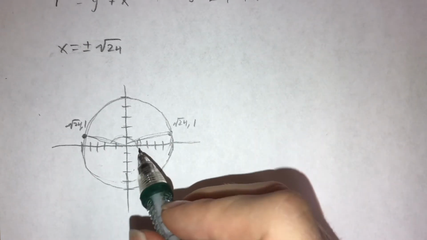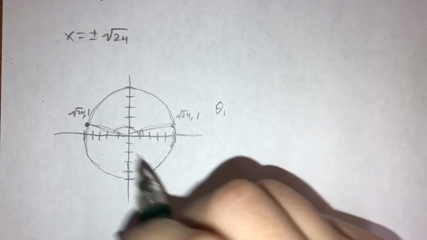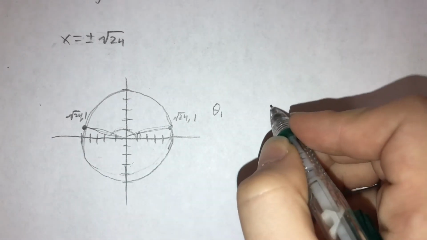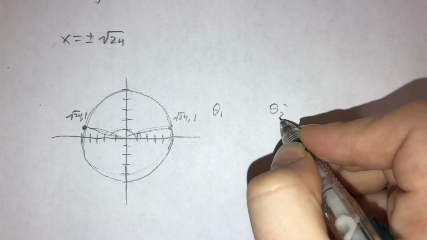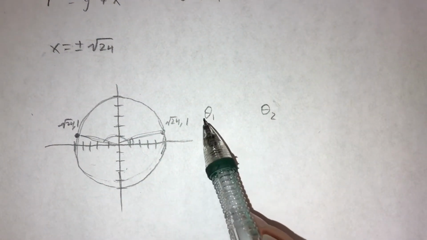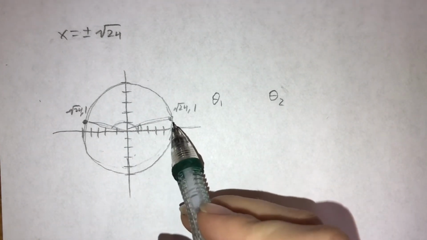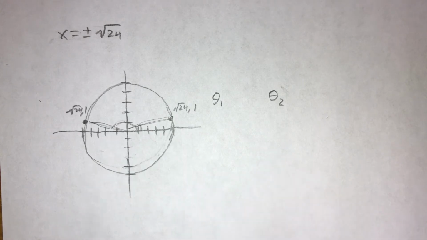So I'm going to call this angle theta 1, and I'm going to call this angle theta 2. We can find the angle of theta 1 by using the tangent function.